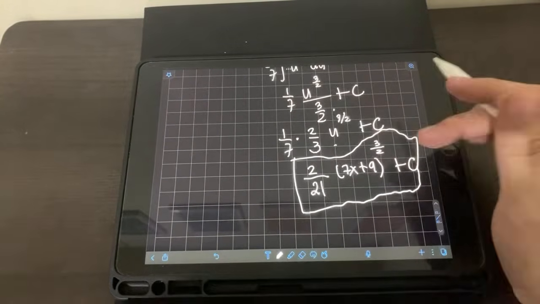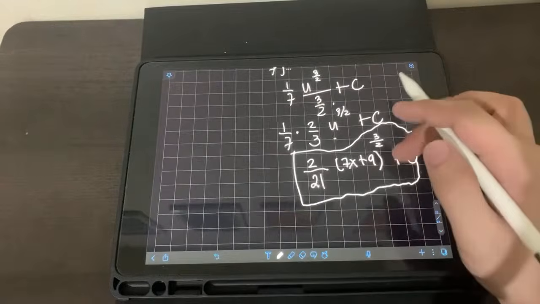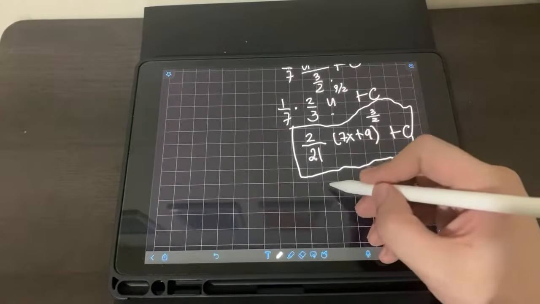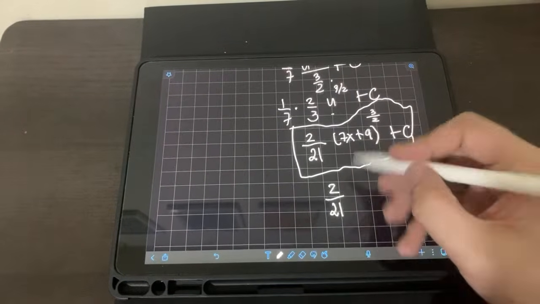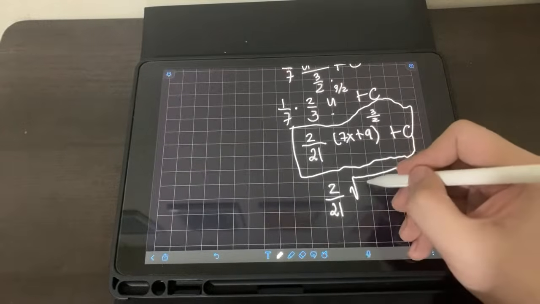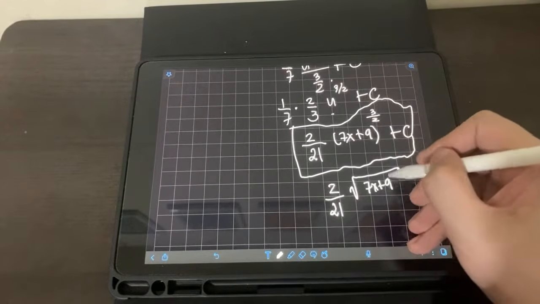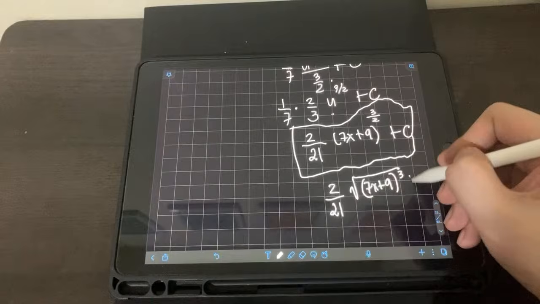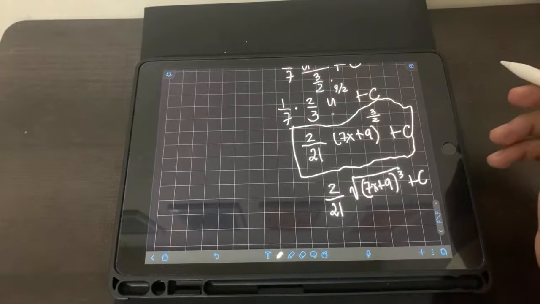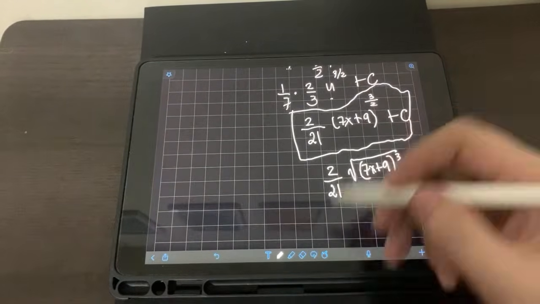Okay, so this is the final answer. Okay, so pwede rin yon yung 2 over 21 square root of 7x plus 9 to the third plus c. Okay?